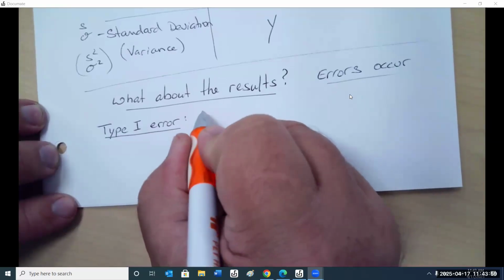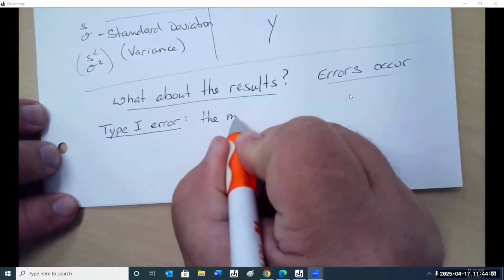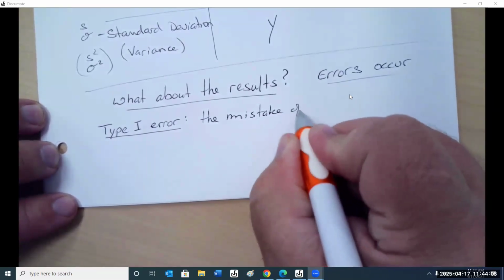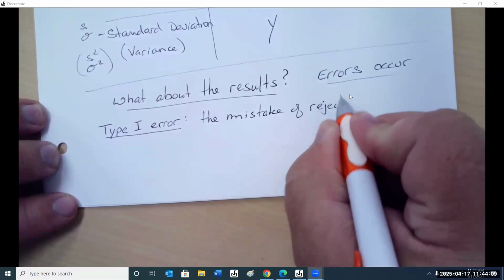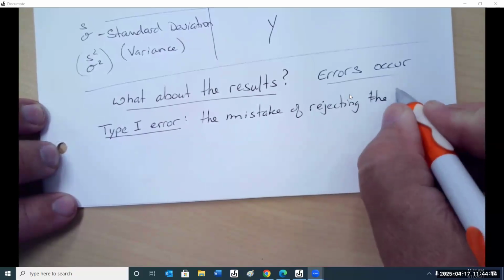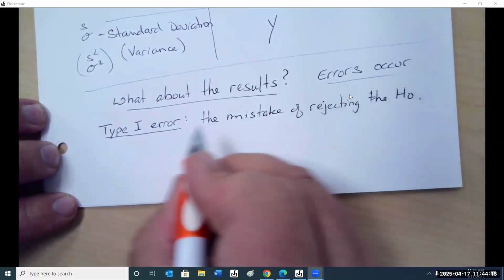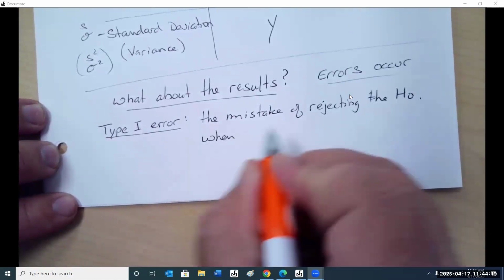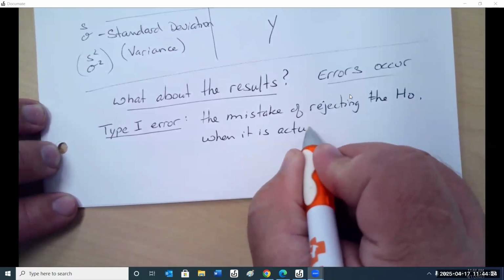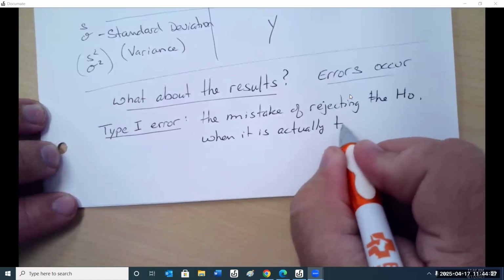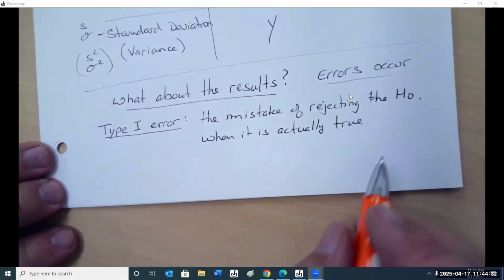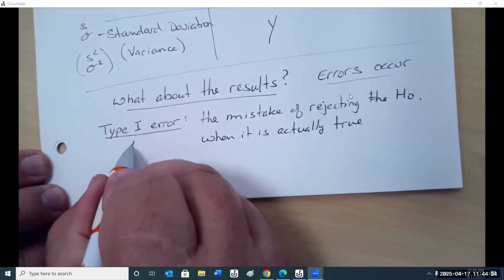This one is the mistake of rejecting the null hypothesis when it is actually true. And a type 1 error is referenced as alpha.